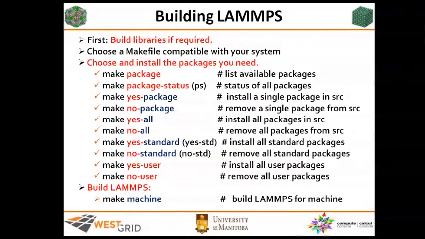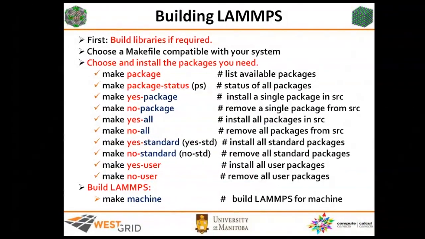Once you have all these settings, sometimes you need to edit the makefile and change some paths for the libraries. The first thing to do is just go to SRC and type make. It will give you some information, and from that you can continue.